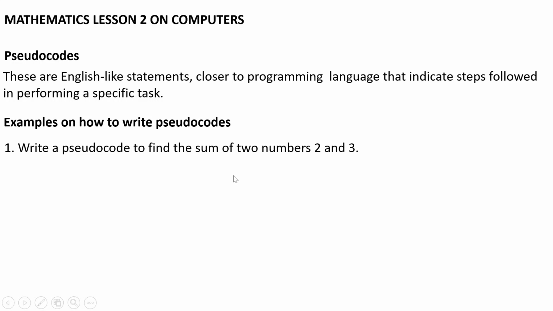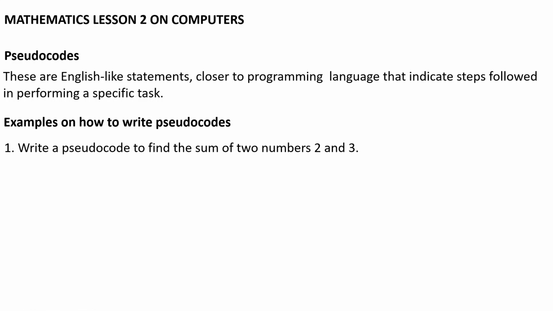So these steps should be like, let's say you are asked to use a calculator to find the sum of 2 and 3. What should you do? First of all, you grab a calculator, you switch it on. Then what are you going to do? You start entering numbers. So you enter 2, then what else?